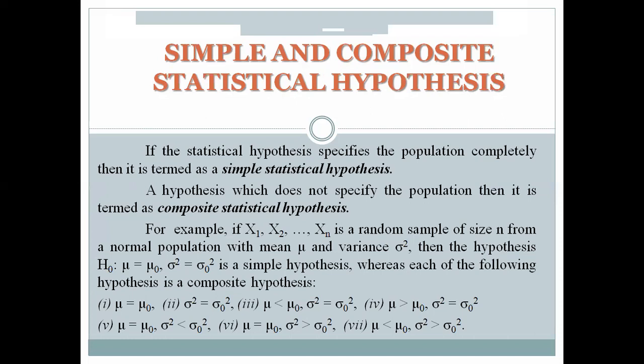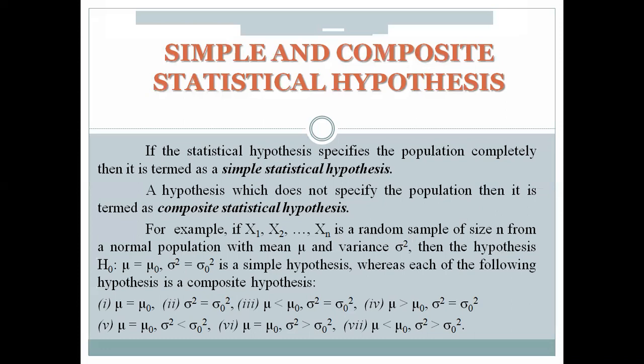For example, x1, x2, etc. xn is a random sample of size n from a normal population. From the normal population, I am taking a sample of size n named x1, x2, etc. xn. A normal population has a mean mu and a variance sigma squared.